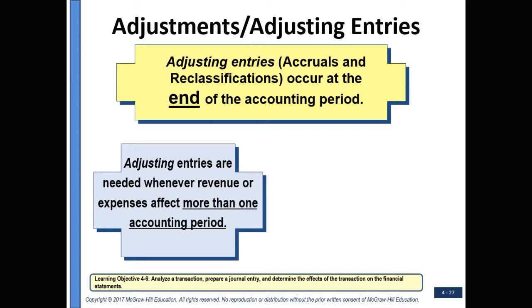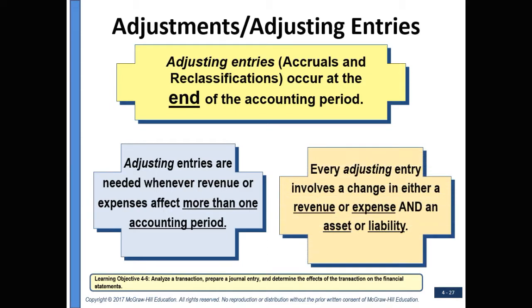Things don't line up perfectly so that at the end of every month, everything has been paid and recorded, and all economic events have completed and are fulfilled. Every adjusting entry involves a change in either a revenue or expense account and an asset or a liability account.